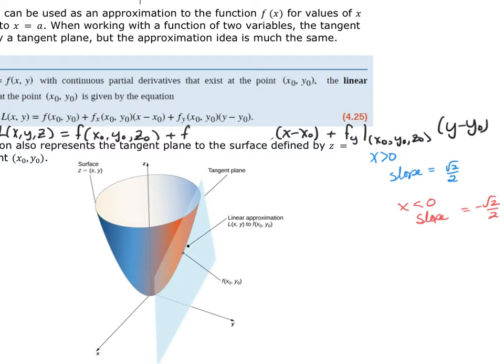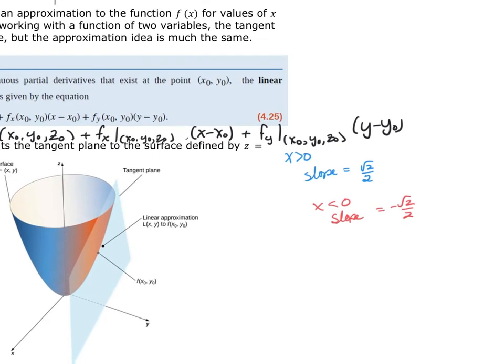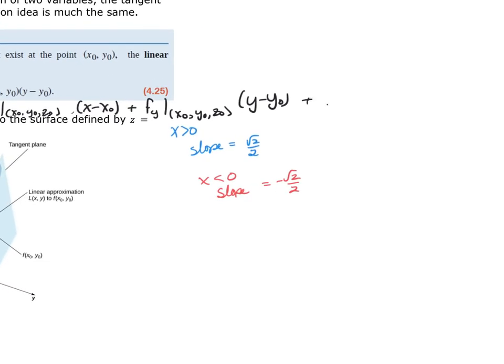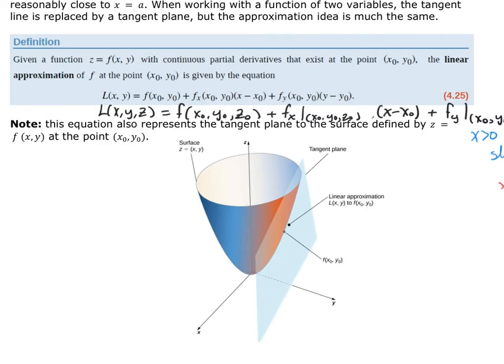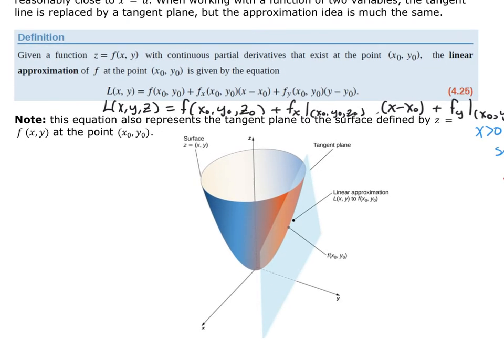So the notation should be evaluated at x naught, y naught, and z naught. And now we have the z, so f sub z evaluated at x naught, y naught, and z naught, and then it's going to be z minus z naught. Okay, so that's because I'm going to do a linear approximation with x, y, and z.